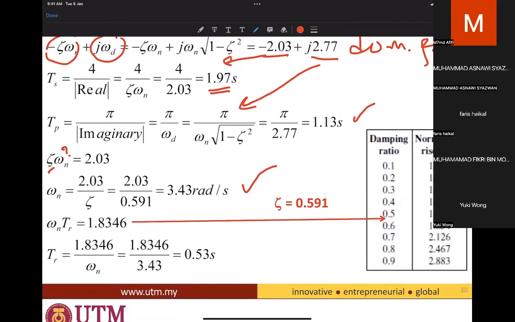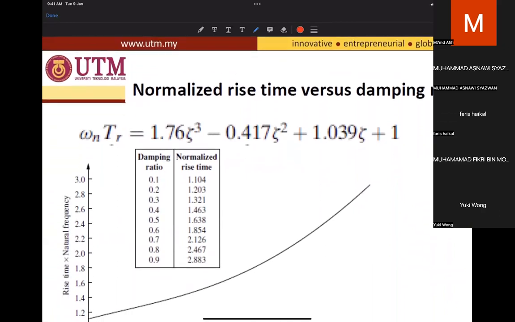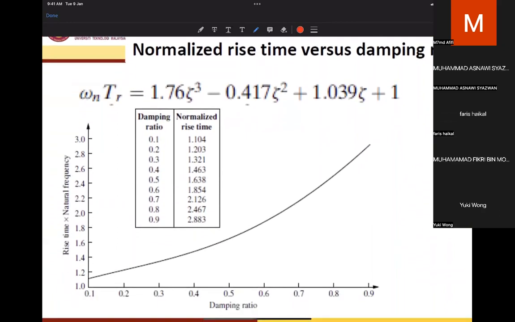And omega n T_r is equal to 1.8346 because it's located in the standard normalized rise time. So rise time is equal to 0.53 seconds. Or simply you can use this standard graph, where 0.591 is somewhere here, and it goes here.